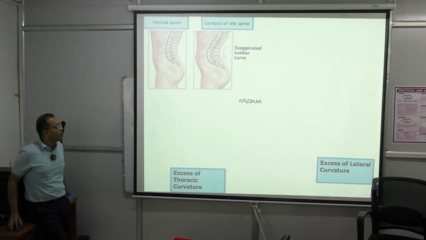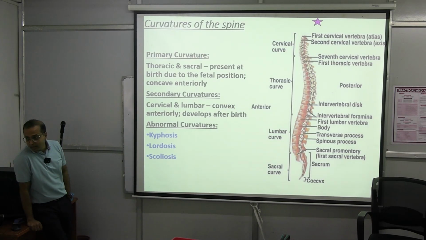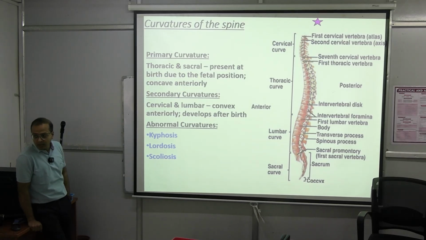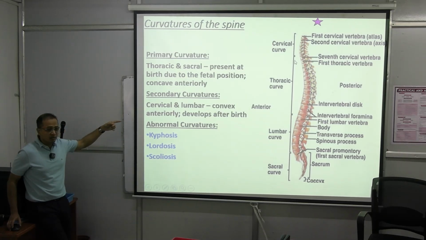But what you have to know about the curvatures in the vertebral column is that we call them primary and secondary curvatures. The primary curvature we are born with, the fetal curvatures that we have. Now, as we start moving on, we have two additional curvatures, the secondary curvatures, present in the cervical region and the lumbar region, which are convex anteriorly. We have the cervical secondary curvature and the lumbar secondary curvature.